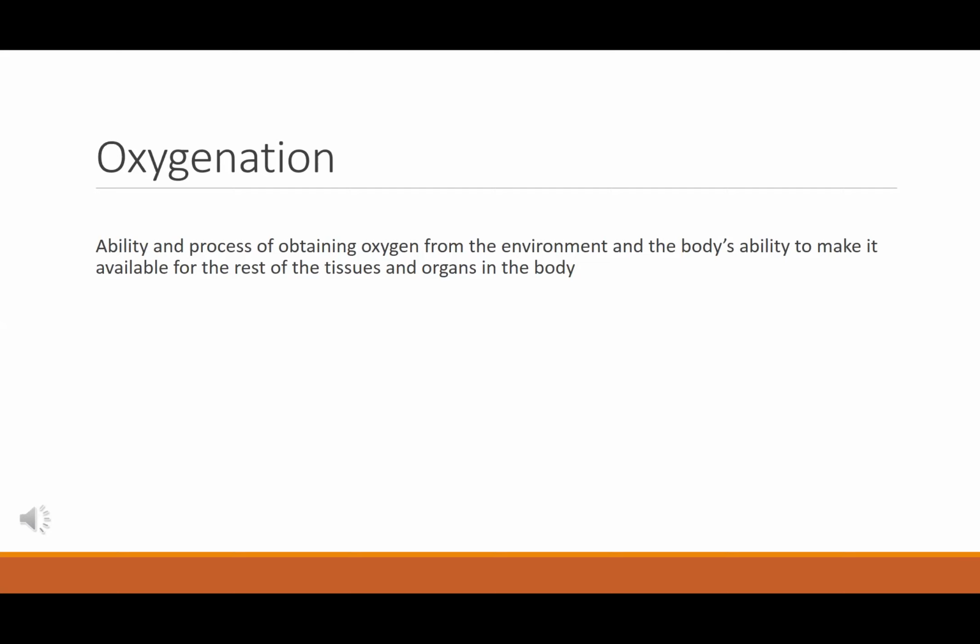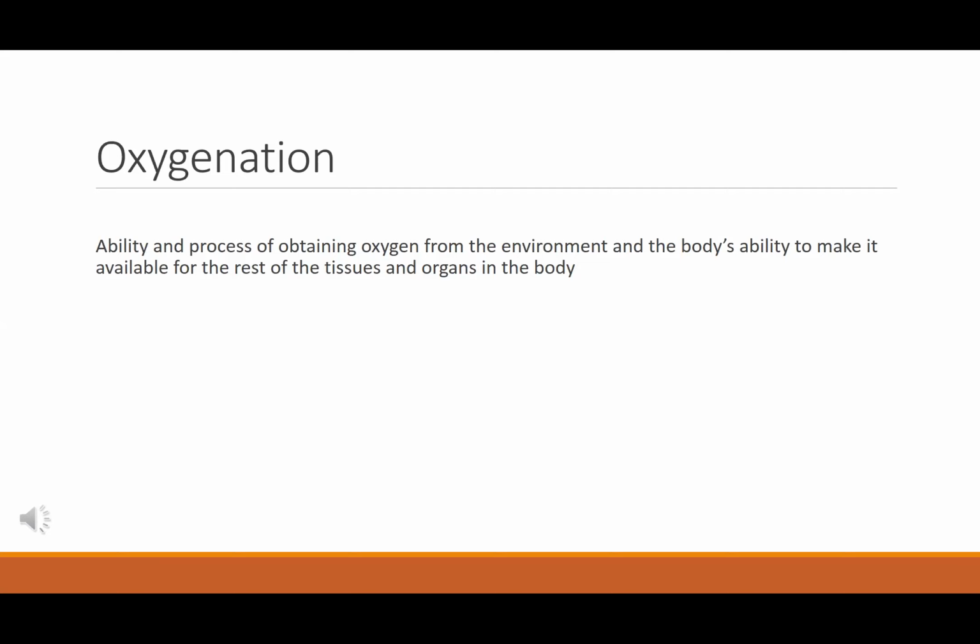So oxygenation, once again, is the ability and the process of obtaining oxygen from the environment. Whether that environment is atmospheric air, where there's 21% oxygen available to us, or we're delivering 100% oxygen on the ventilator, and anything in between.